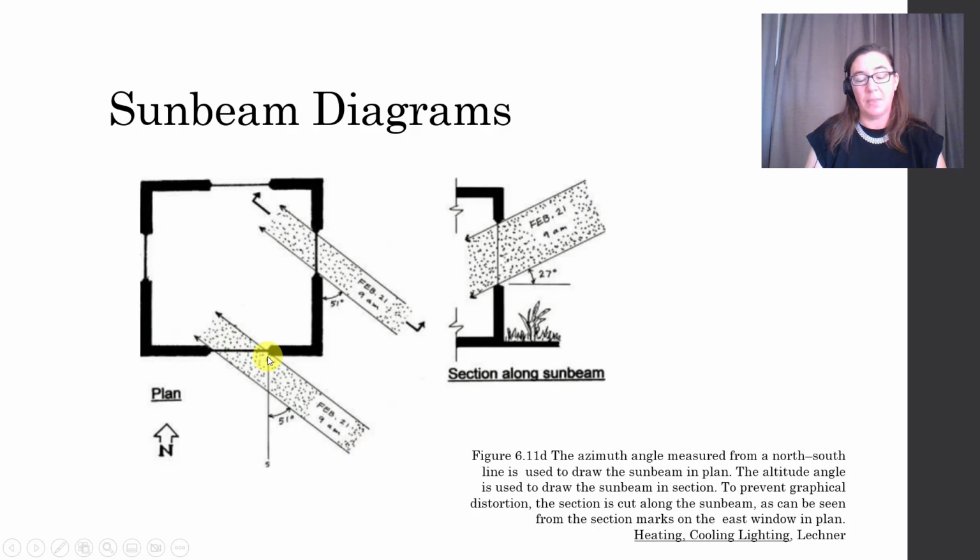Do the same with the other side of our window. You can see that this particular sunbeam is going to enter our building. Same with this window over here. Now it's going to be the same angle, because the sun is coming in at the same angle, and we'll see that it penetrates into our building in this way.